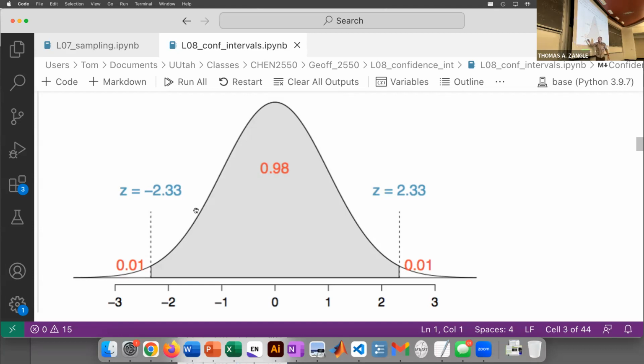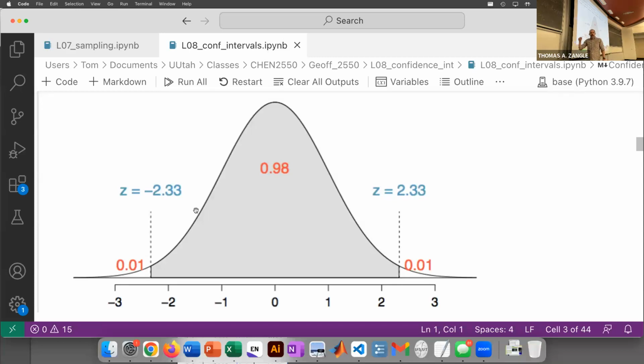That makes sense? So the total area under our curve is 1 minus alpha, where alpha is our significance level. And because this is symmetric, that implies that alpha over 2 is the area under the curve on either side of this range. Make sense?